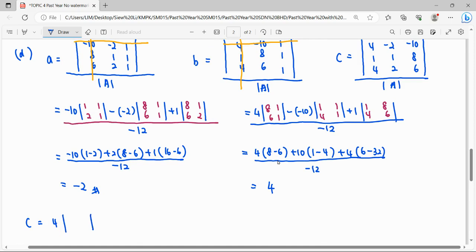A11 times 4, minus A12, plus A13 times negative 10. So what is your minor here? It gives you 1, 8, 2, 6. So 8, 6. Copy and paste, vertically here, 1, 4.